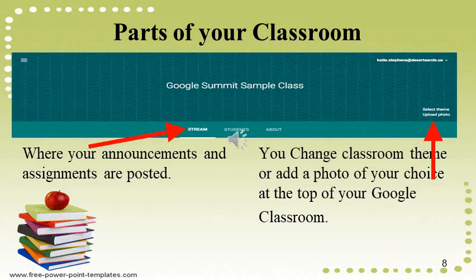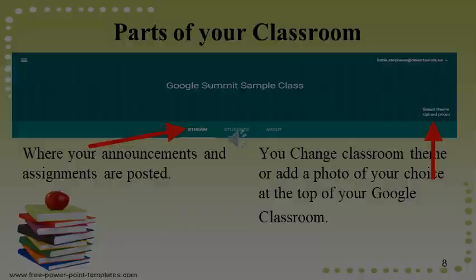In the panel, Stream is where you post all your assignments or updates, and the students would be able to see them on their panels. You can also change the panel background, select a photo, a graphic, or create a picture of your own so that your different Google Classrooms look different.